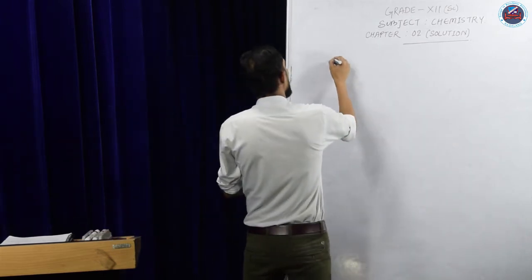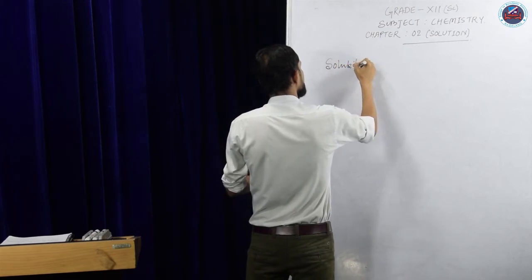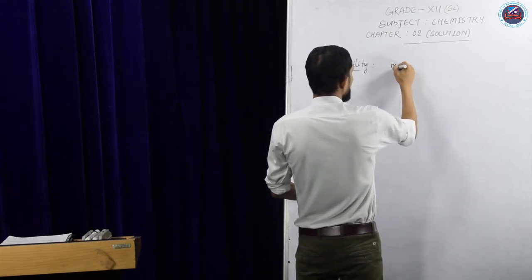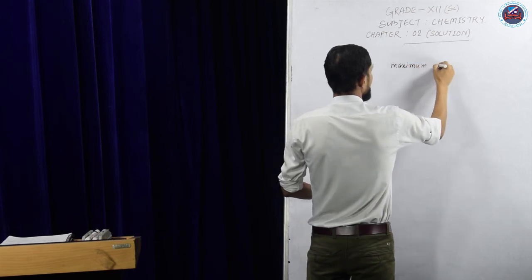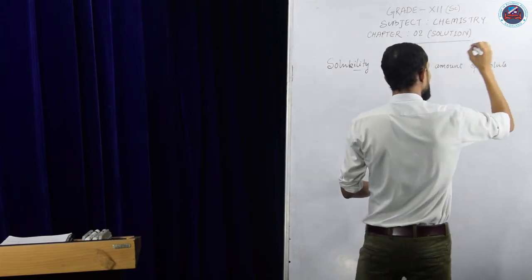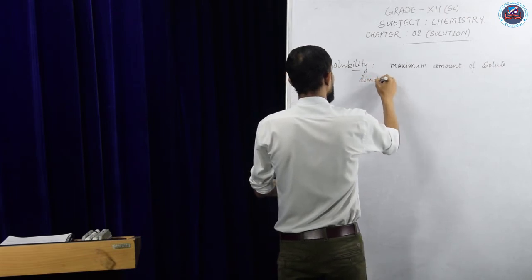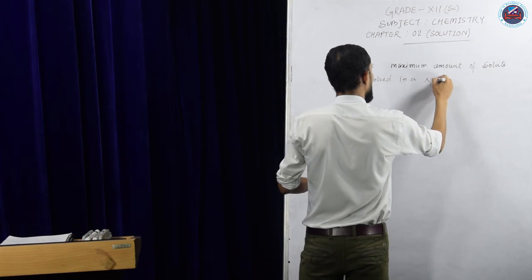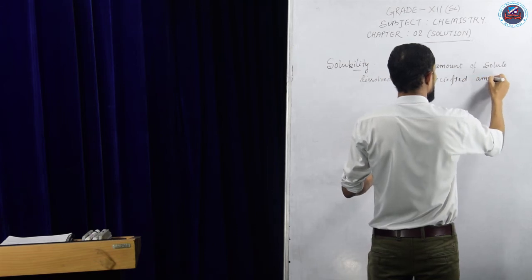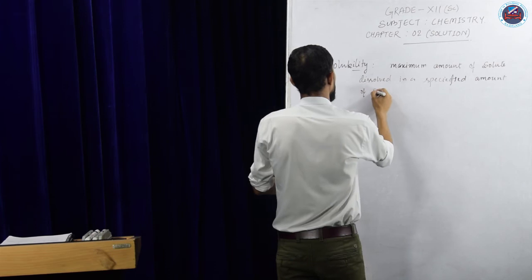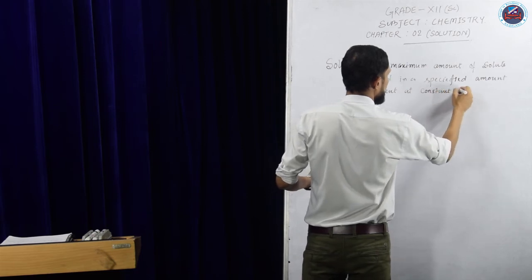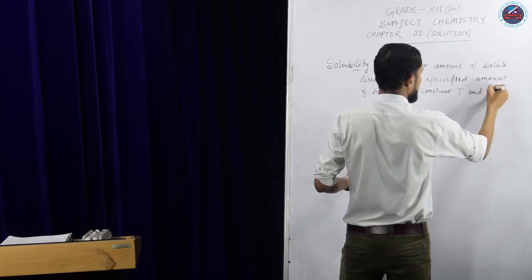Next, we are going to study solubility. Now, solubility is defined as the maximum amount of solute dissolved in a specified amount of solvent at constant temperature and pressure.